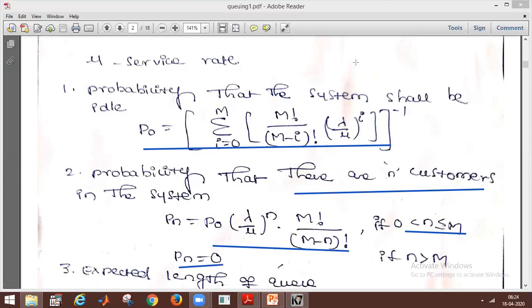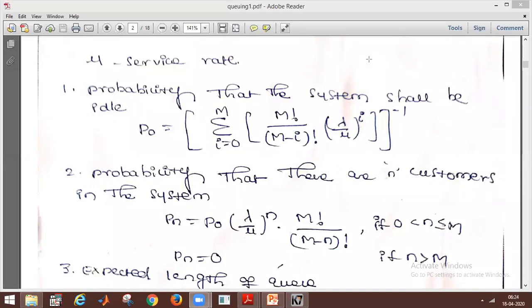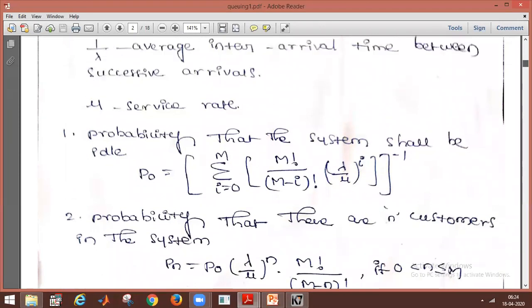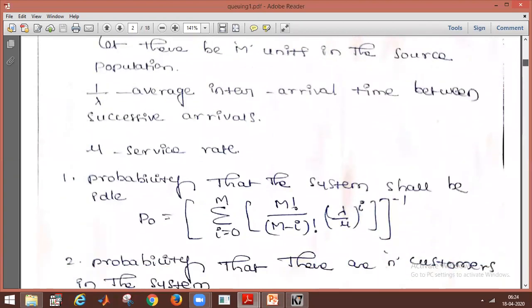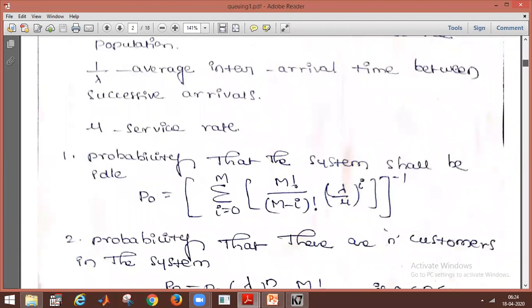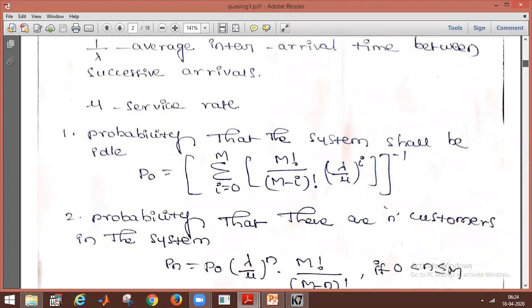Here M is the source population, 1 by lambda is the arrival time, and mu is the service rate.